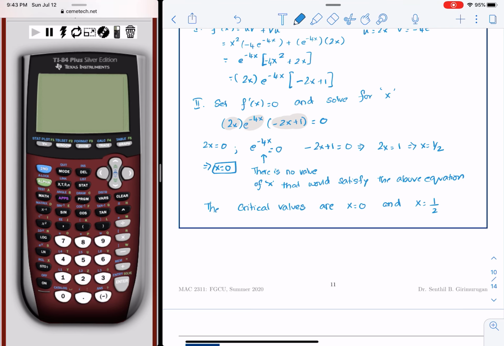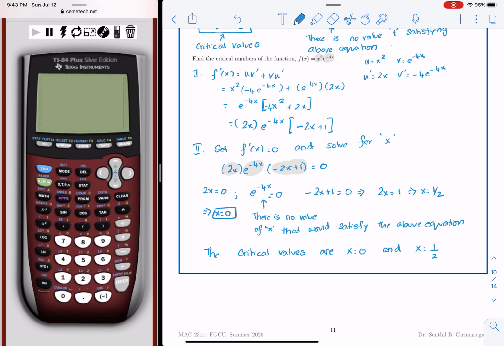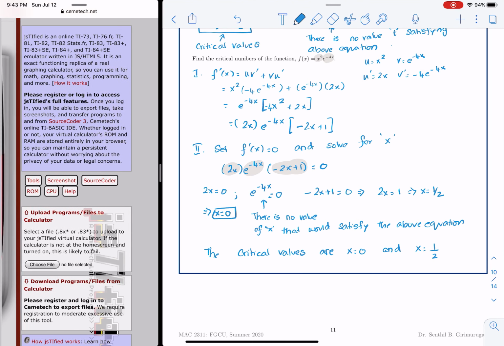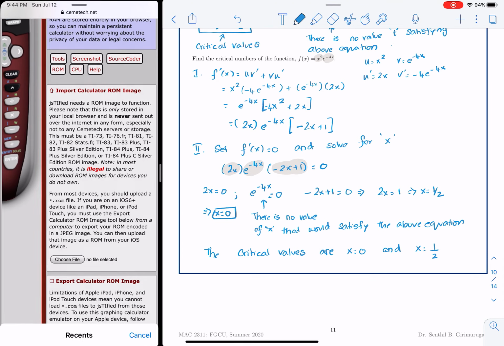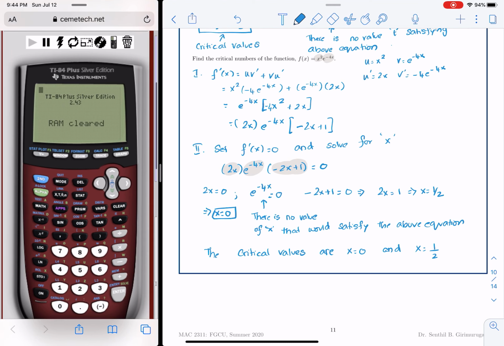We could have found this using a calculator, so I'm going to show you how. Let's plug in 2x e raised to the negative 4x multiplied by 2x plus 1 and graph.